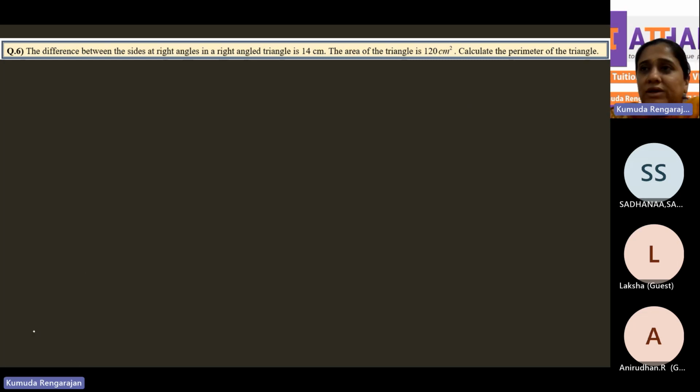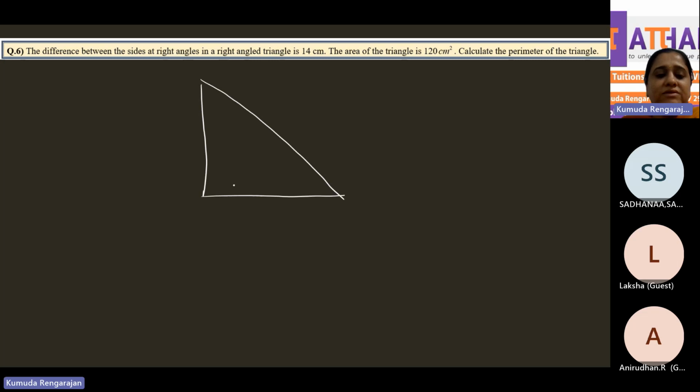The difference between the sides at right angles, that is the legs of the right triangle, okay? The sides at right angles is 14 centimeters. The area of the triangle is given. Calculate the perimeter of the triangle. So the difference between the sides means this is the right angle. These are the two sides containing the right angle.